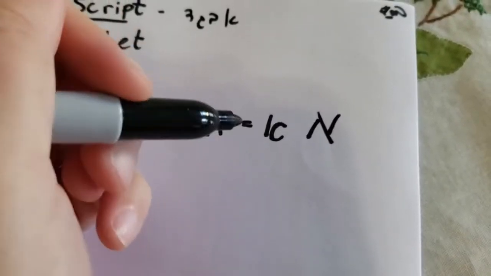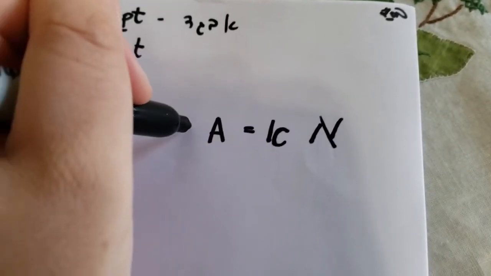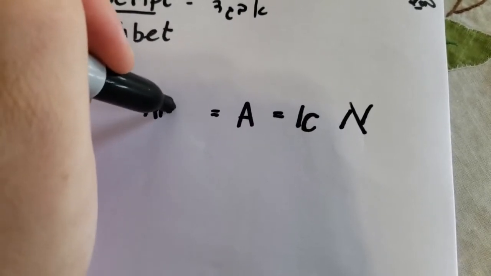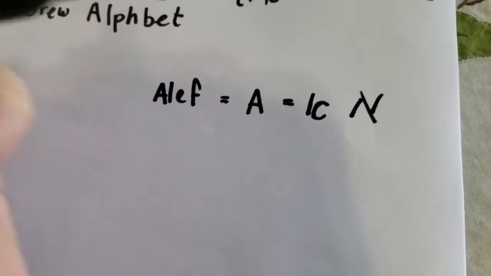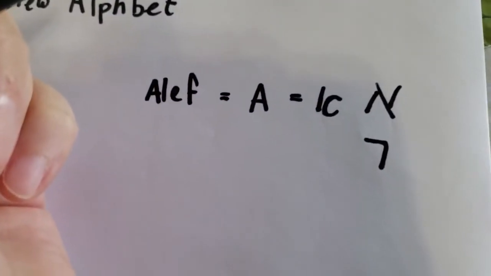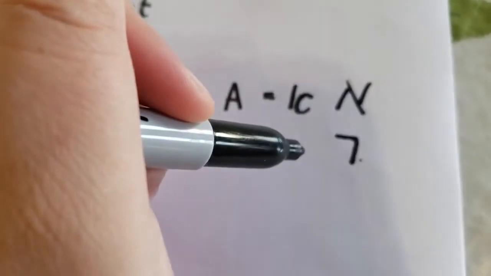Moving forward to the next letter. Next letter is Bet. Now I'm going to write next to each one how it's pronounced. You're beginning to make a box, and then you start the line before the box.